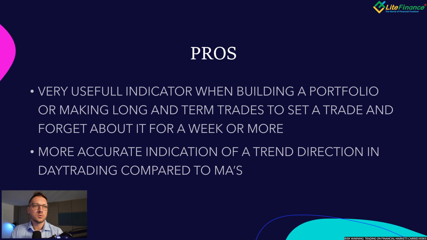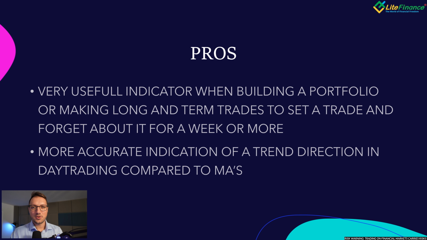With the mid-term and long-term approach. As for the day trading, it is more accurate than the simple moving average line, because as we spoke before, it has the volume ingredient in calculation.